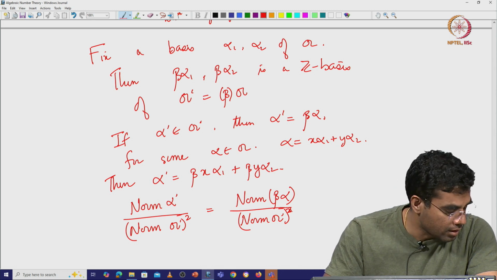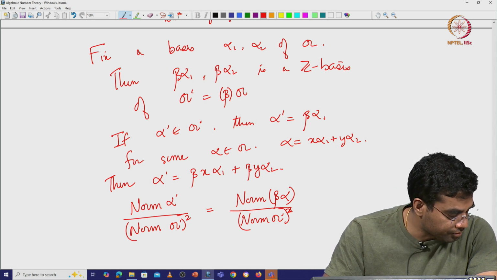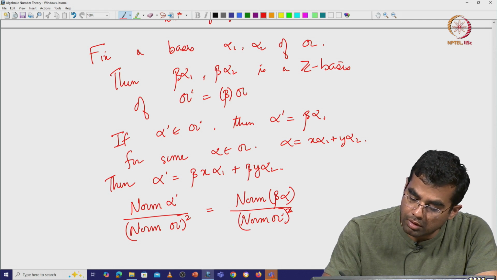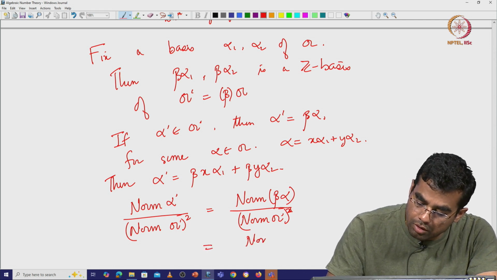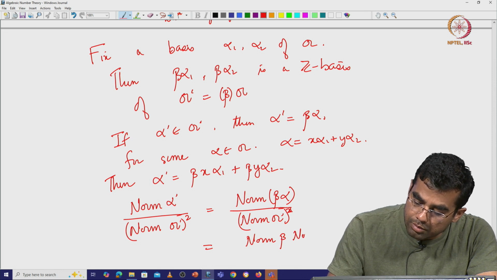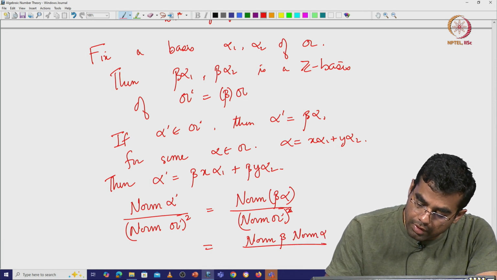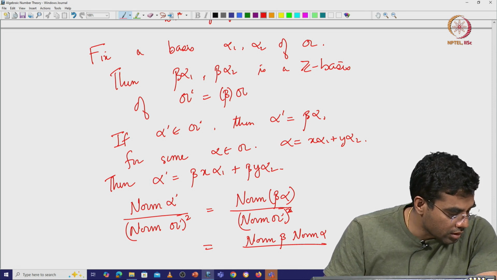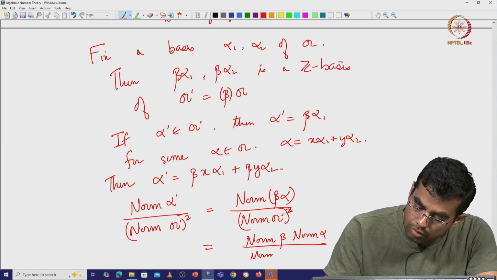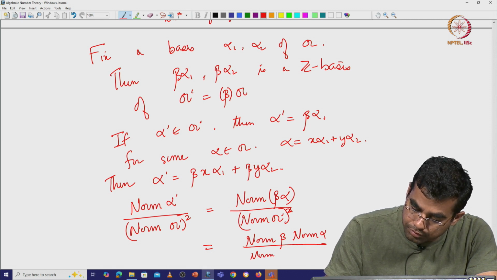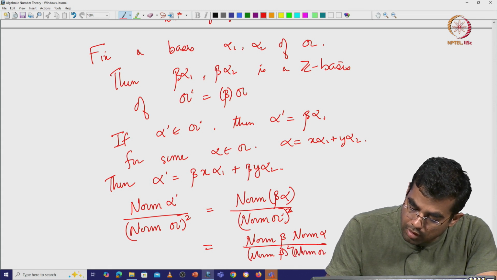The norm is multiplicative, so you get the norm of beta times the norm of alpha divided by, at the bottom, the norm of beta squared times the norm of A squared.